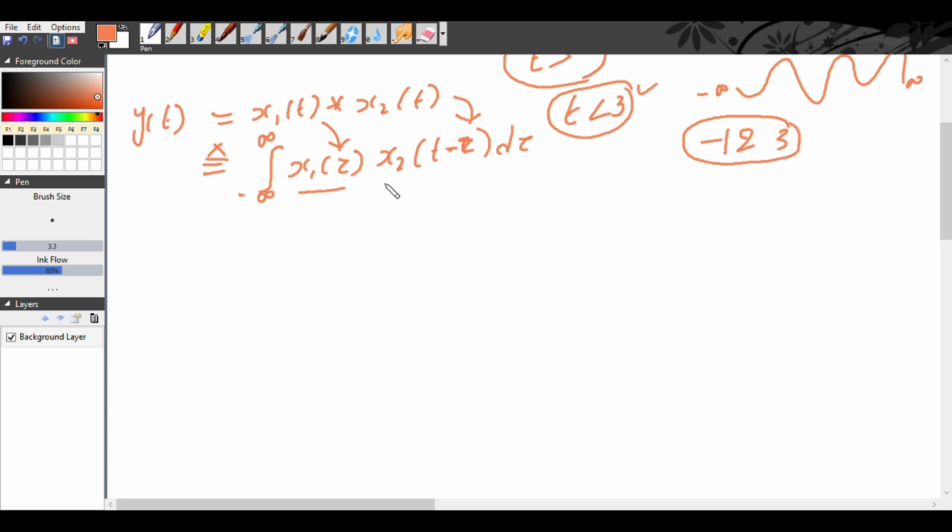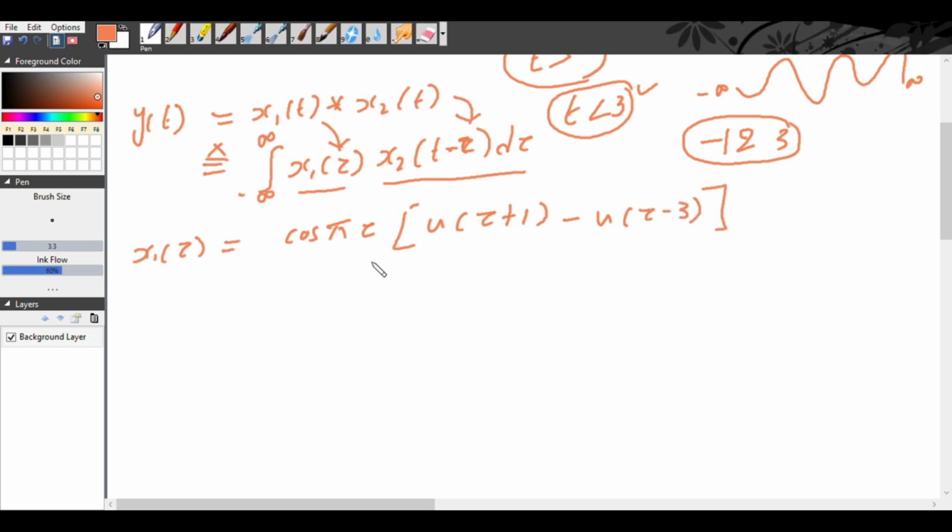So what is x1 of tau now that has been given in the question? X1 of tau is nothing but cos pi tau times u of tau plus 1 minus u of tau minus 3. Right?